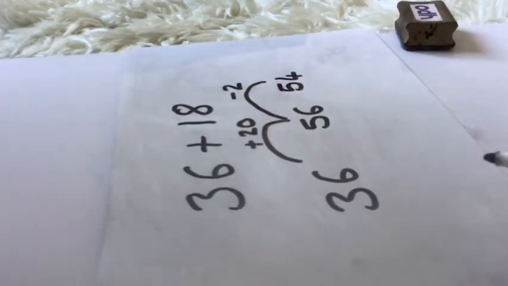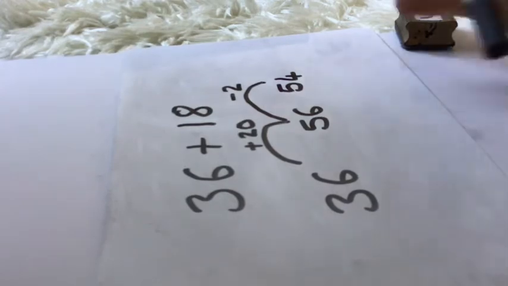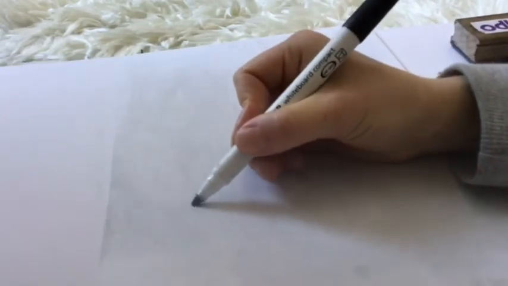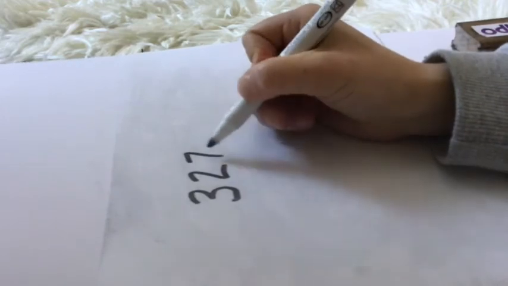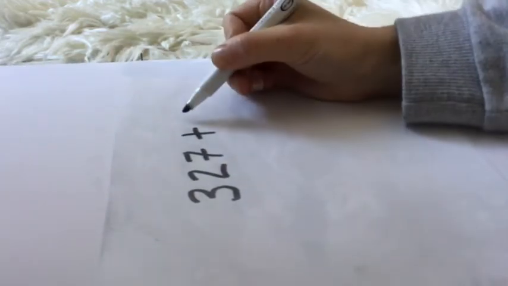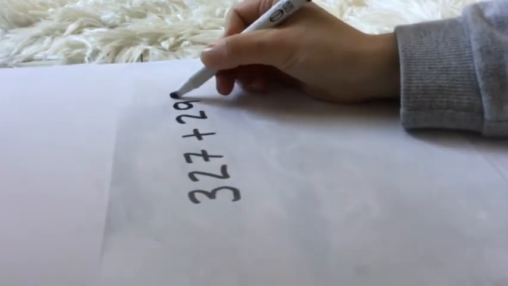I'm now going to show you this with hundreds. So let's say we had the number 327 add 299.